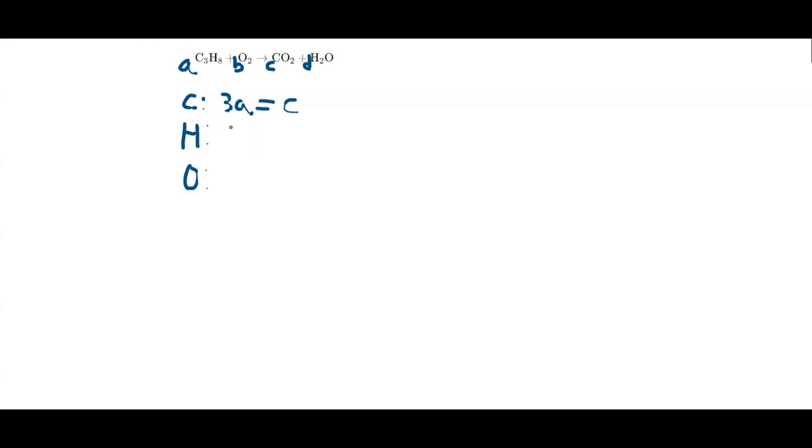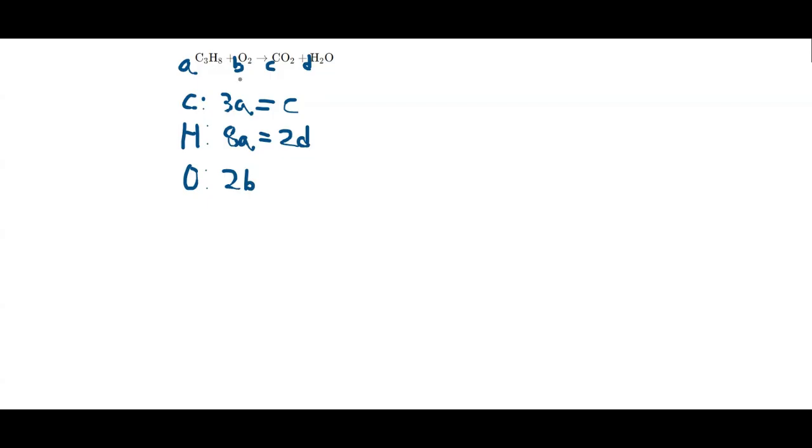We have 8 hydrogens on the left side, and we have 2D hydrogens on the right side. Sorry, I meant to say 8A is equal to 2D. And for oxygen, we have 2B because you have this 2 here.